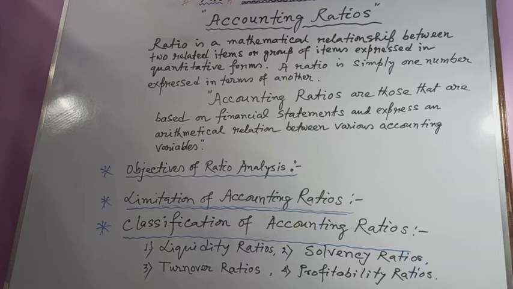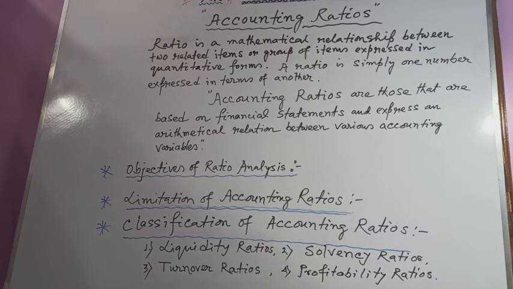He or she should study several connected ratios before reaching a conclusion, not just find out the current ratio, quick ratio, gross profit ratio, net profit ratio. That means so many ratios are analysed, then comes the judgment. Again another limitation, window dressing. Window dressing means some companies, in order to cover up their bad financial position, resort to window dressing.